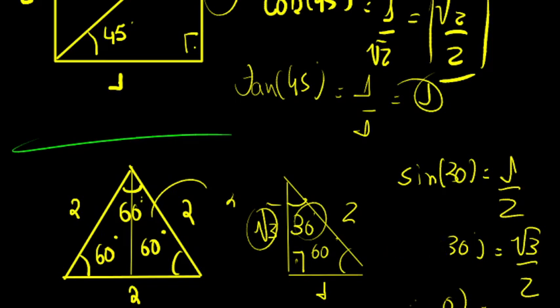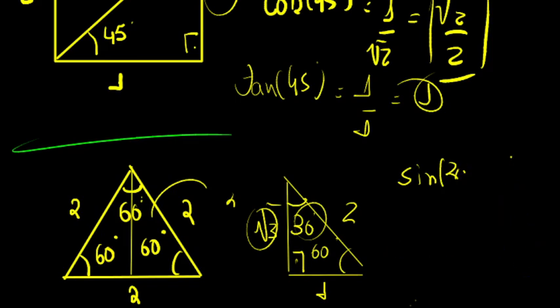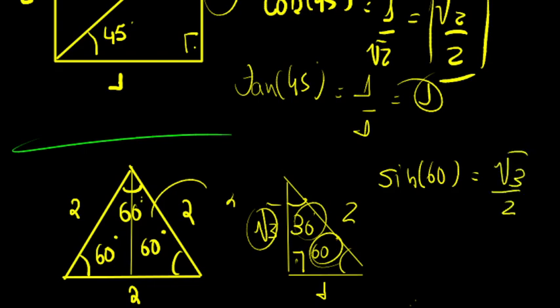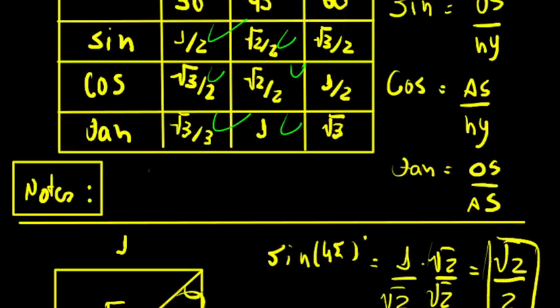And finally we do this for the angle of 60. So let's get space here. So the sine of 60, let's take this angle here, the opposite side divided by the hypotenuse. So the square root of 3 divided by 2, and we get the sine of 60.